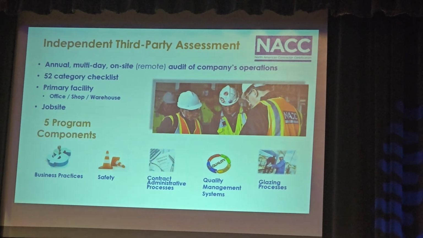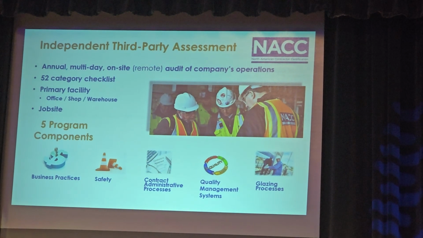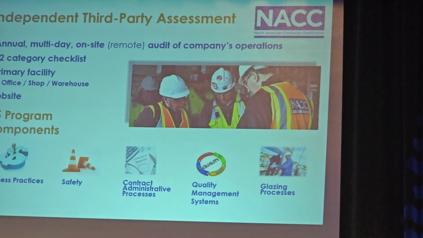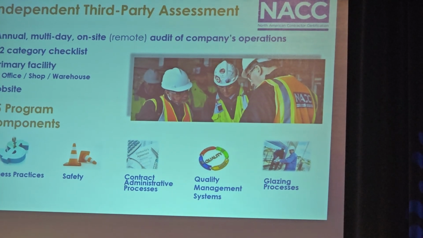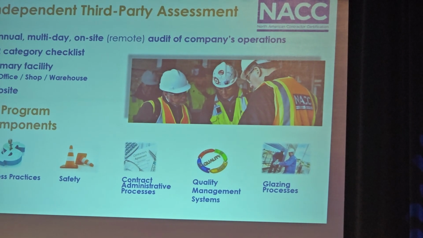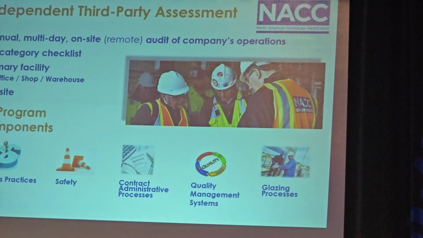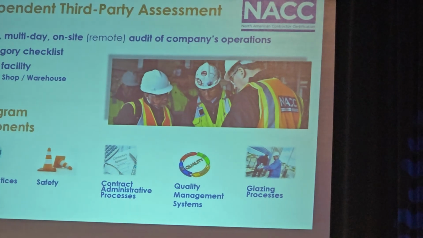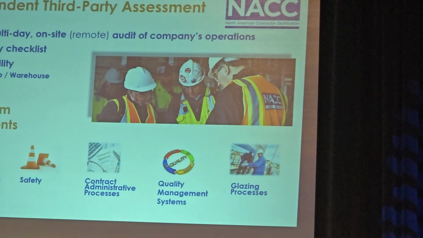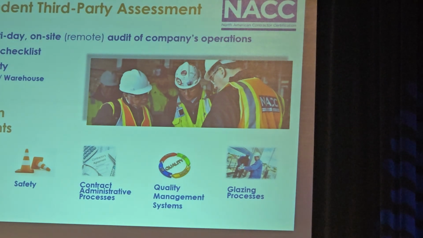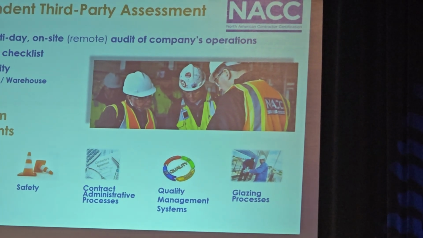There are 52 different categories that our assessors are going to evaluate companies on. We're going to visit their primary facilities, so office, shop, and warehouse, and then actually be out on a job site and spend at least half a day or a full day there with the contractor. Because that's where the rubber meets the road. That's where the idea of process control and verification procedures are going to be implemented, and we want to see that in action.